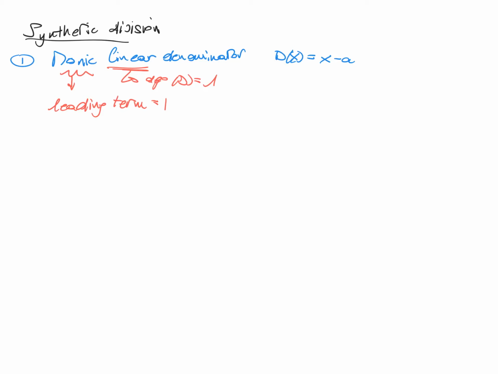As an example, perform the following division. So x to the power 3 minus 12x squared minus 42. And we want to divide this by x minus 3. First, again, you write the p of x, but this time you only note down the coefficients. So you write only the coefficients on the top.